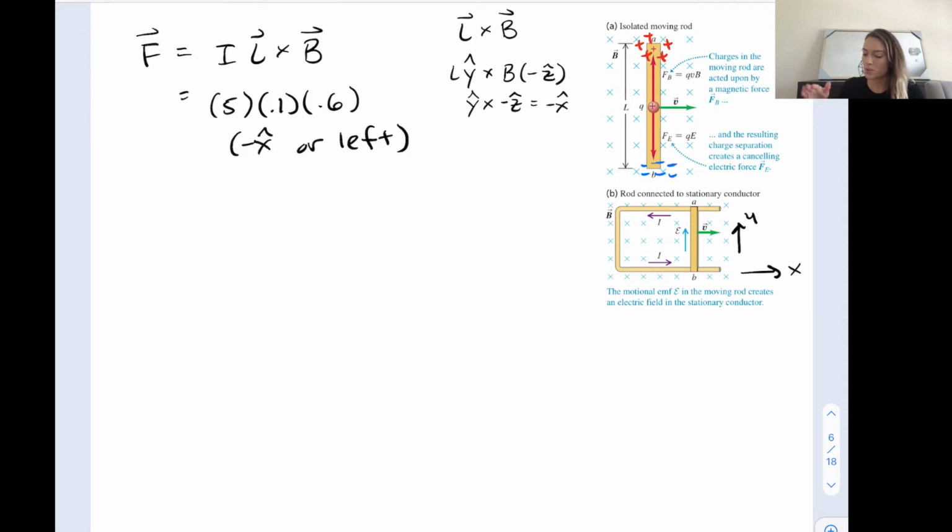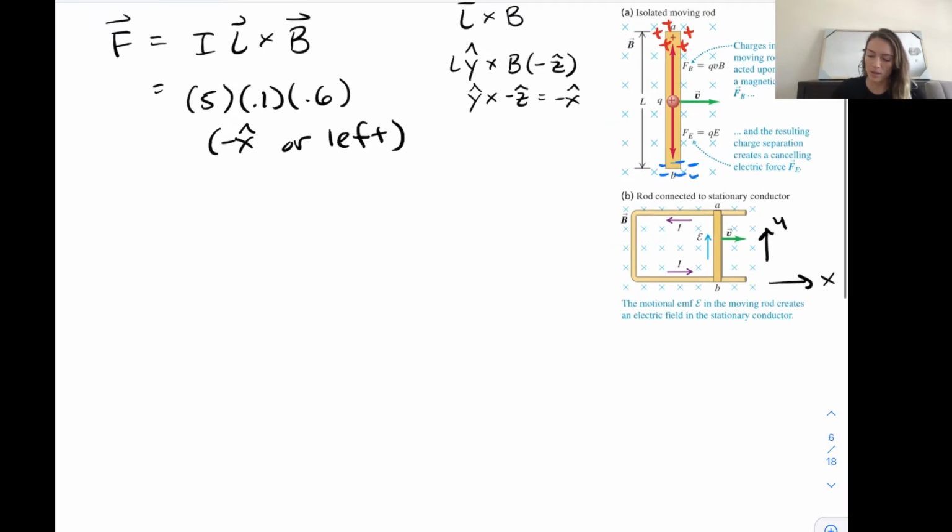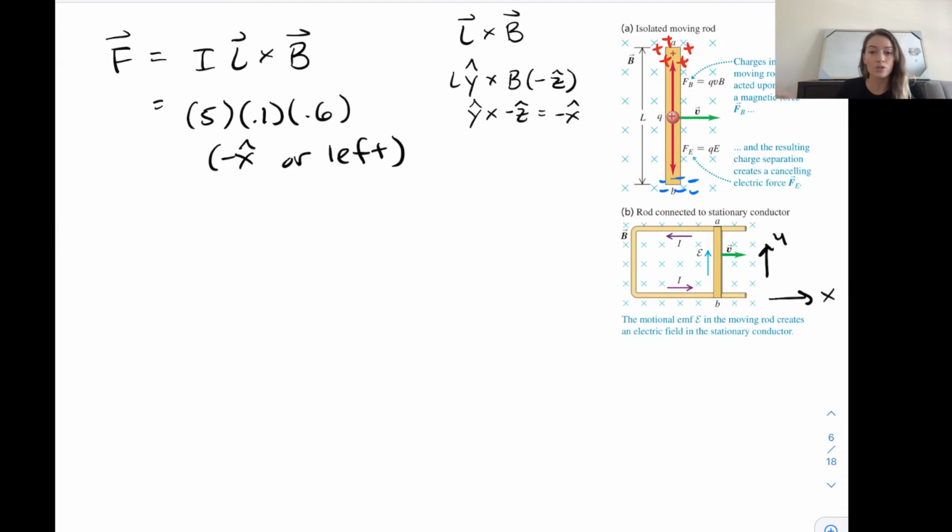If you put your hand in the direction of the current, which is upward, and then curl your hand into the direction of the magnetic field, which is into the page, you'd see that your thumb is pointing to the left. So either way you look at it, whether you do the full cross product or just use the right hand rule, you get the same answer, that the force is going in the leftward direction. Now we just multiply out 5 times 0.1 times 0.6, and we get 0.3 newtons to the left.